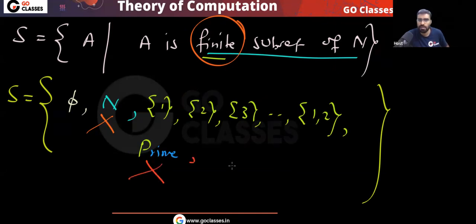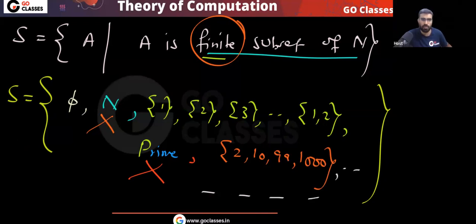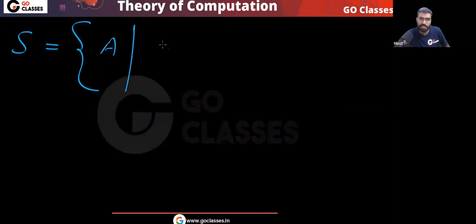Yes or no? You don't have the set of prime numbers, right? So basically you have finite subsets. For example, you can have this, and this is also there, and so on. Did you understand the question? Remember, this is your set. In this set, you have subsets, finite subsets of N. A is a finite subset of N.